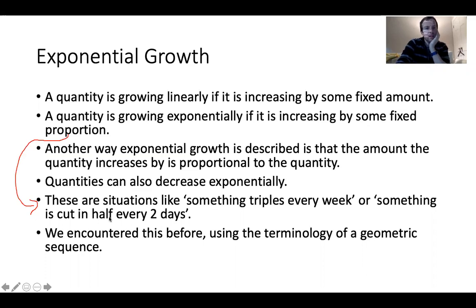We did encounter something like this previously, when we were given a sequence, a list of numbers, and tried to find a pattern. We encountered a geometric sequence, where to go from one number to the next, you keep multiplying by some fixed number. That is exponential growth. We won't be doing anything with this, but it's an example that showed up already, using this other terminology.